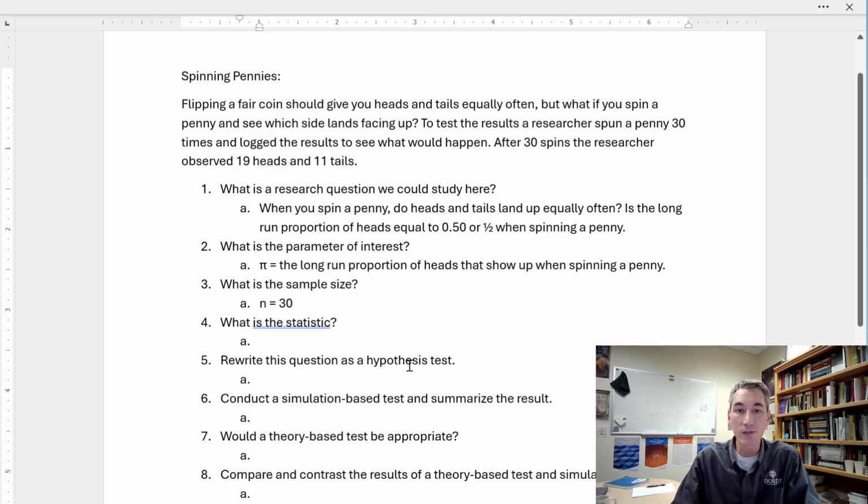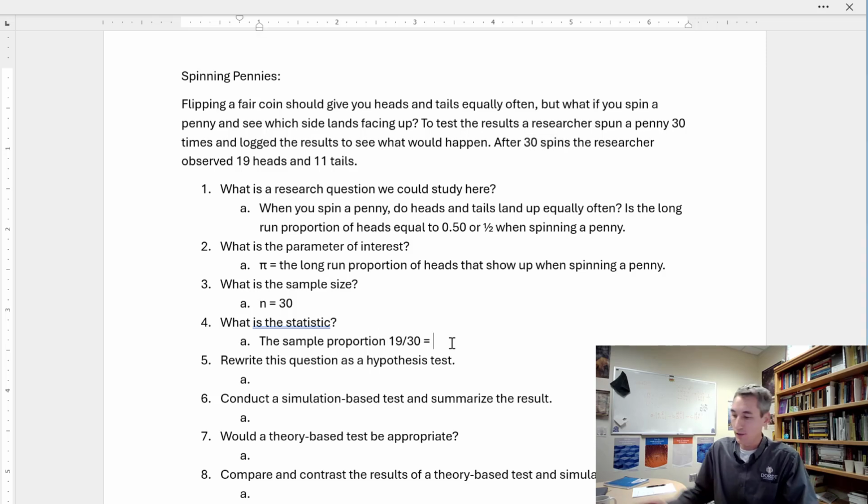The statistic is the sample proportion. Now in the sample, we got 19 heads out of 30 spins. So that's a fraction, right? It's 19 out of 30, which if we use a calculator real quick, what is 19 divided by 30? 0.6333.